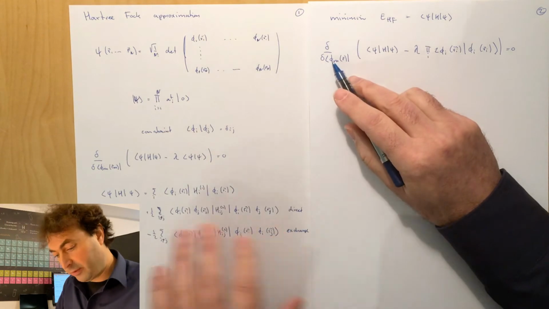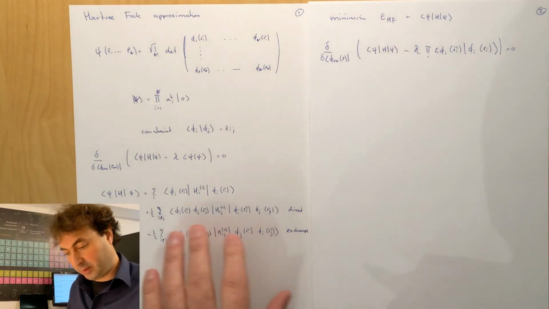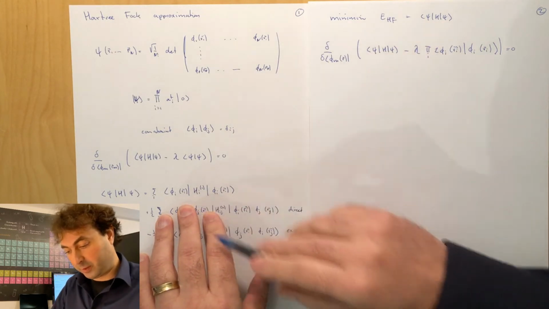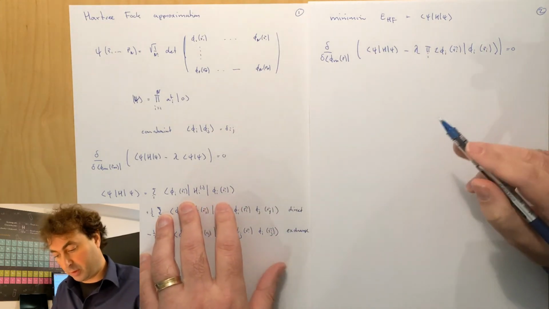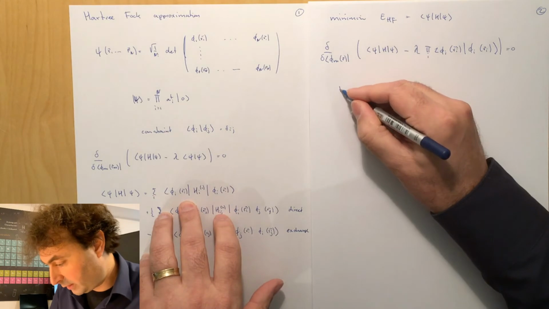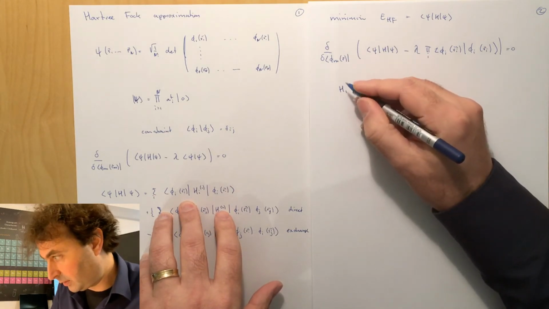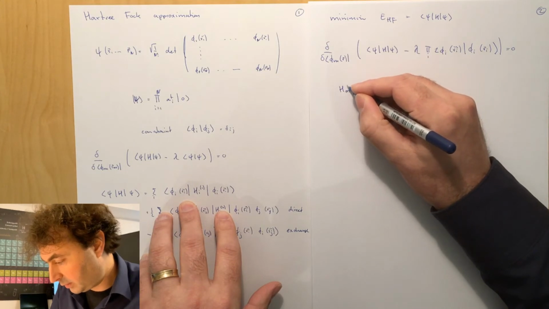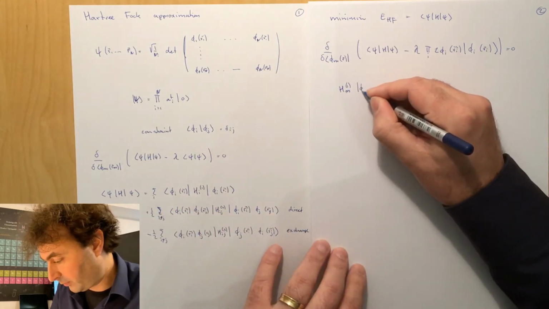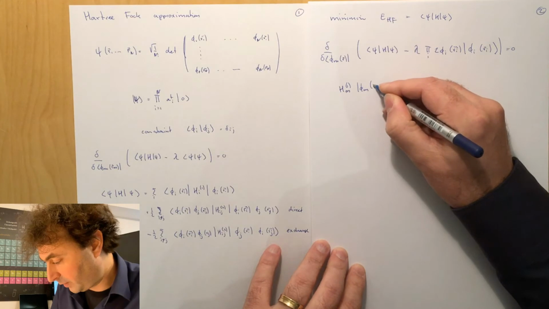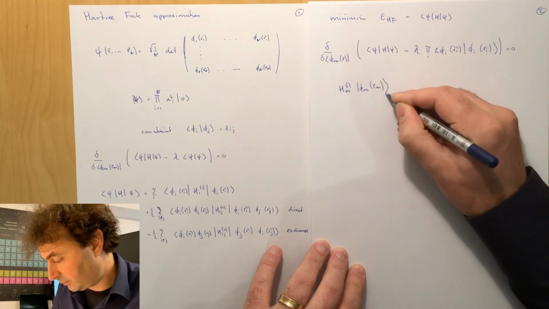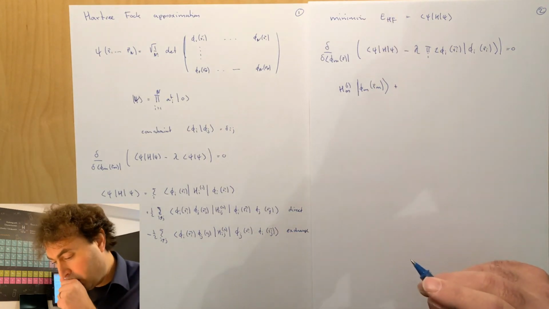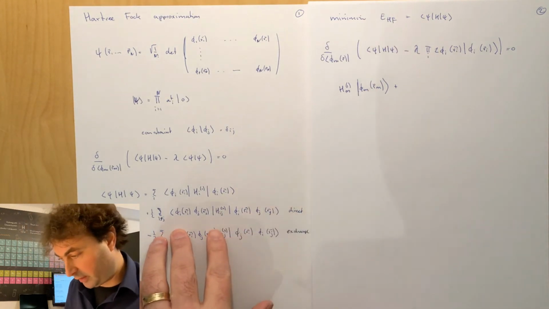If we take the derivative of this state, then the derivative with respect to the bra is going to be a delta function between i and m. So that is h m1 phi m at coordinate m, plus.